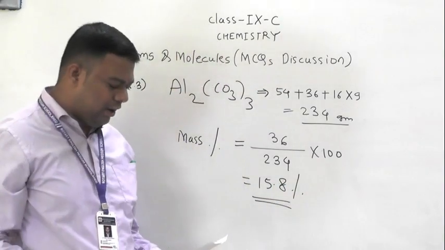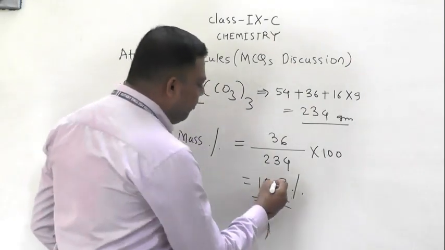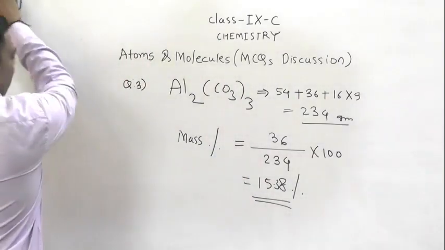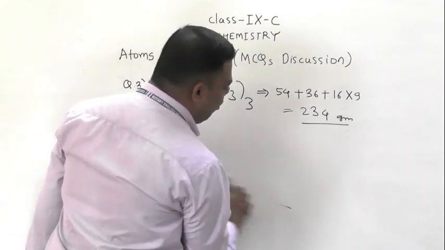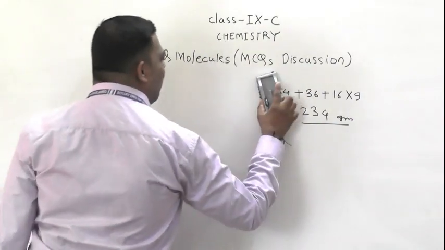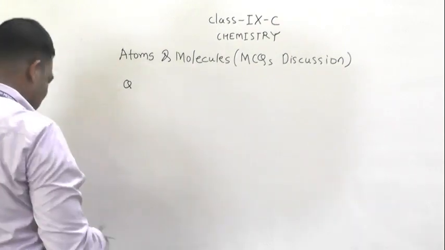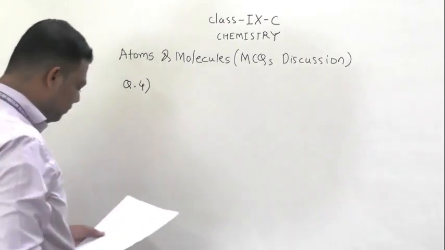So your option is A, 15.38, if you do the calculation of this. Like that you can calculate from aluminum carbonate the percentage of mass, percentage of carbon. Understood?